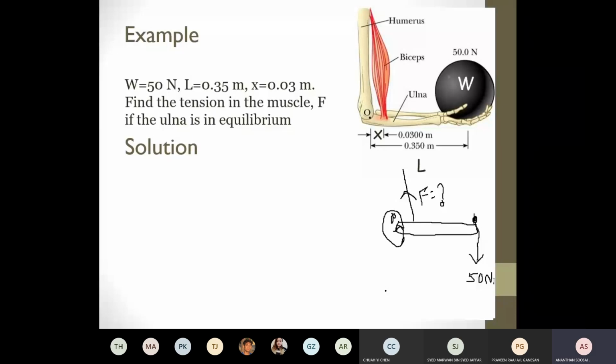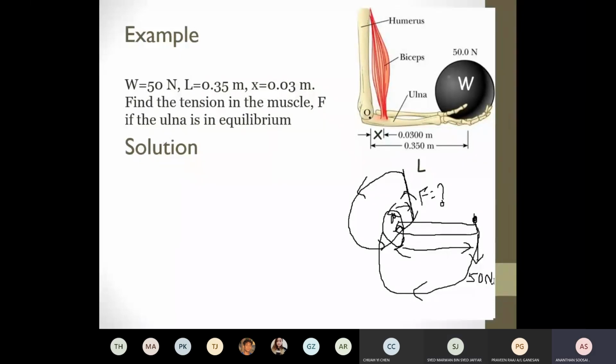If you take moment about the pivot, the moment caused by F times this distance should equal 50 times this distance. The moment caused by F is a counterclockwise moment, and the 50 gives a clockwise moment.